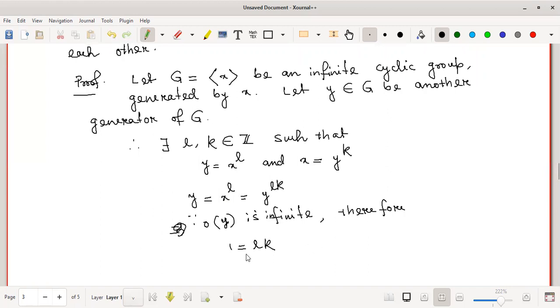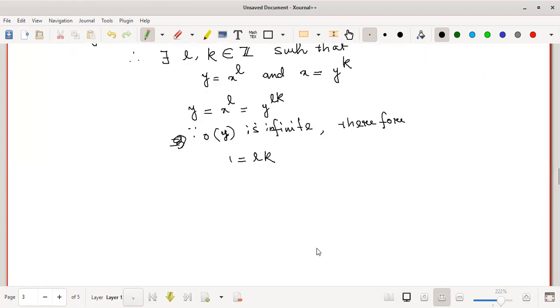And so this equation, how many solutions are possible? This equation has exactly two solutions because L and K are integers.